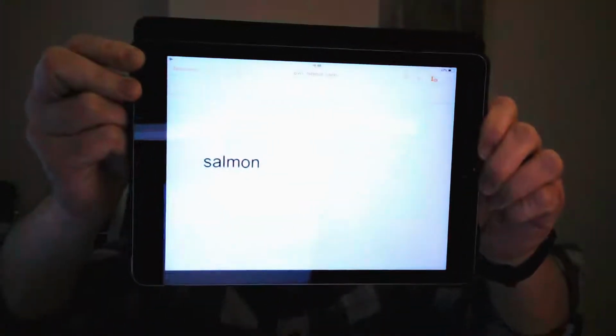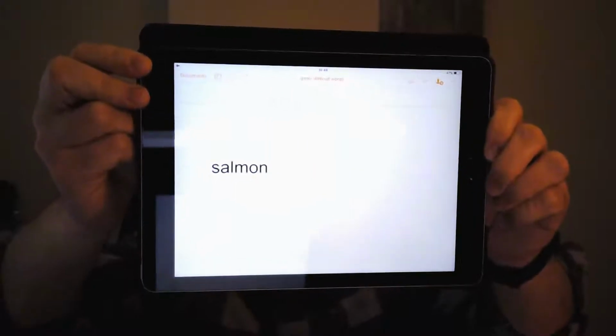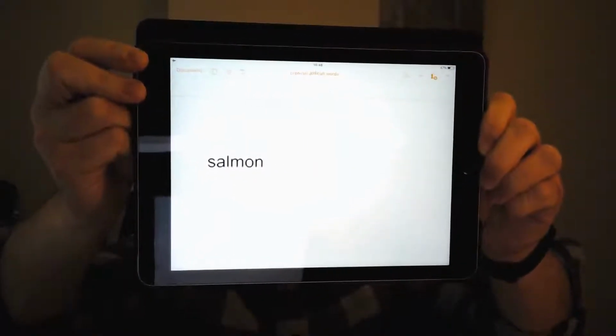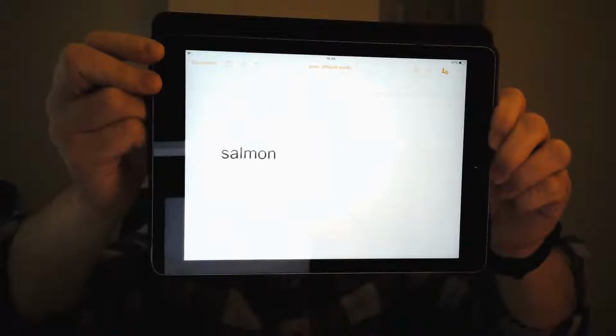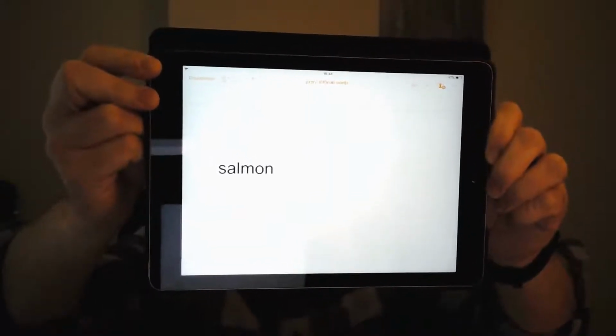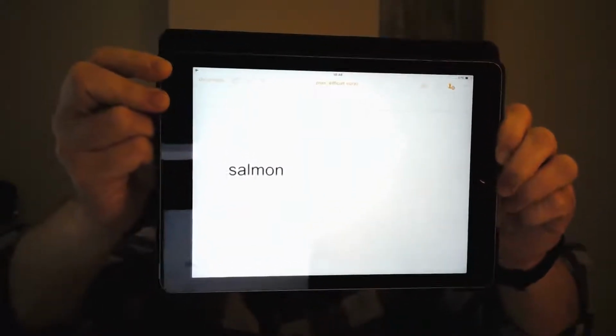Okay, so there is our next word. Which letter is silent? This is an easy one, obviously. We've got lots of answers straight away. Okay, good. Let's have a look at the pronunciation of this word here.